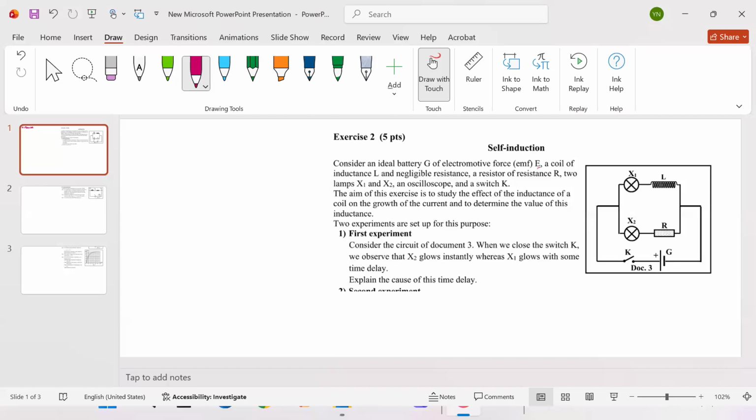When we have the current flowing, the coil is known to have one thing. The coil always does the opposite of what should be done. So if we have a generator and the generator is increasing a current in the circuit, the coil works in the opposite way and tries to decrease this current.